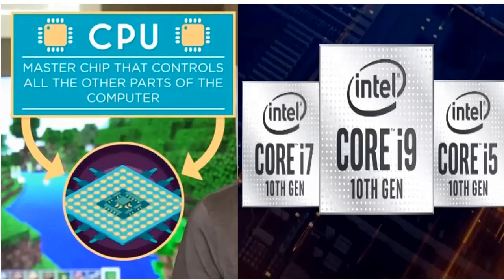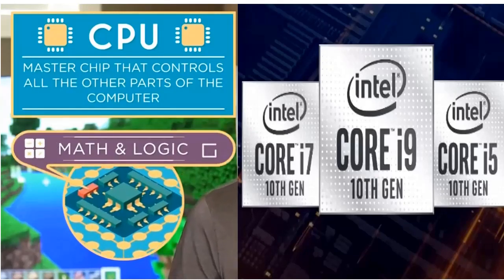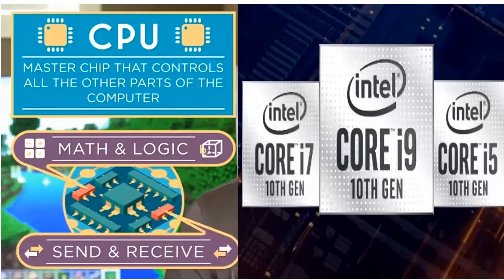The CPU is placed in the center of the computer so that it can control each and every circuit inside the CPU. Here, there are two different circuits shown in this image.